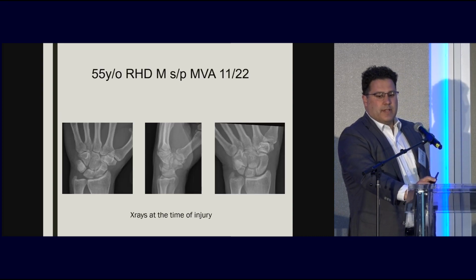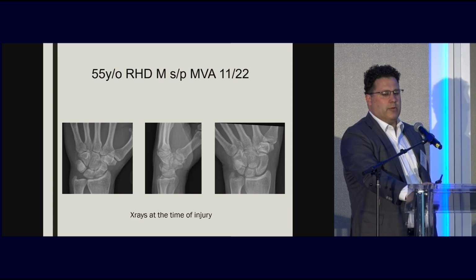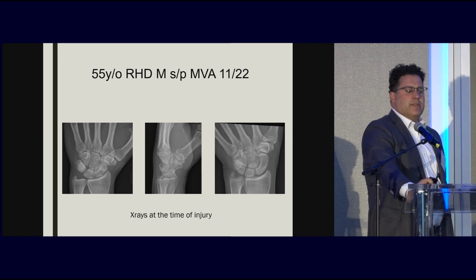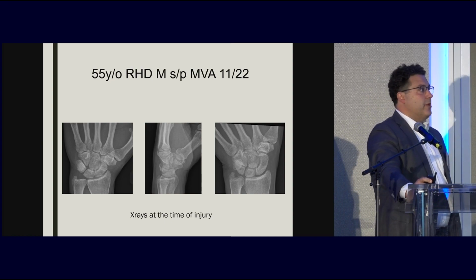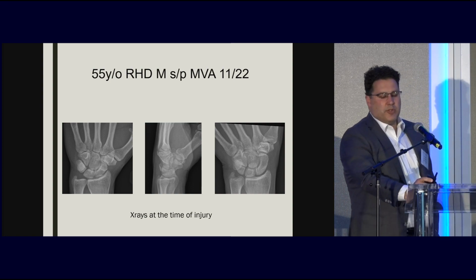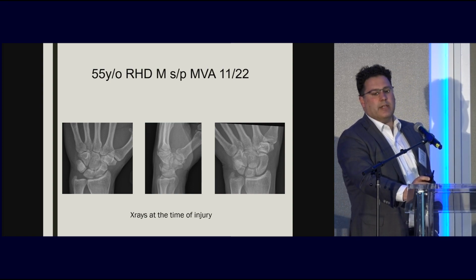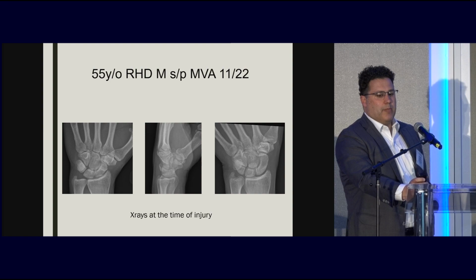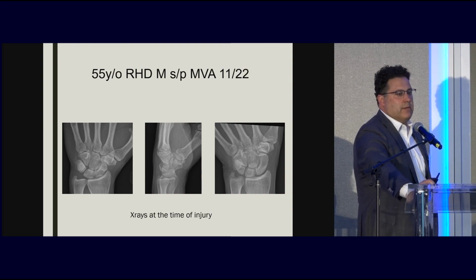Now this is a different case. This is a 55-year-old gentleman who is a plant manager at a biotech company. He was in a motor vehicle accident in November of 2022. He presented to the ER with pain in his wrist. He had x-rays that were read as negative, and then he was sent to his primary care doctor.